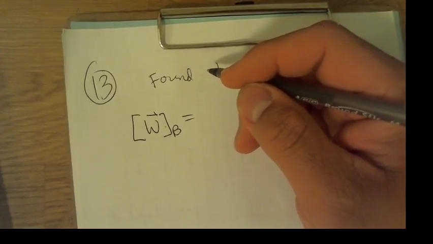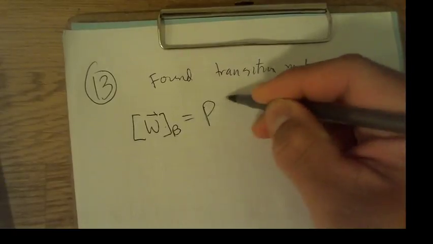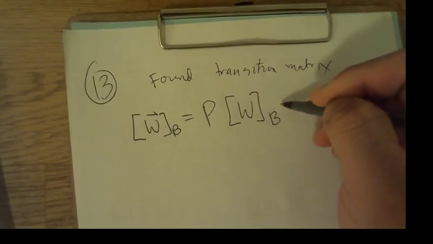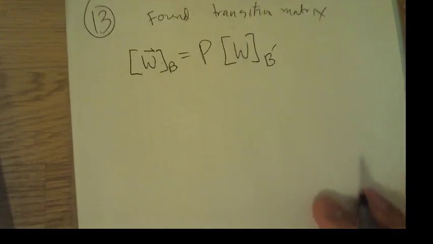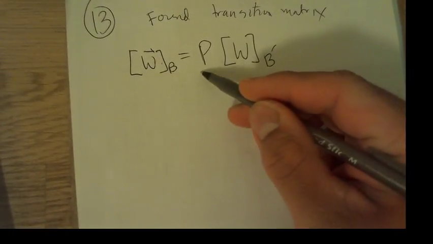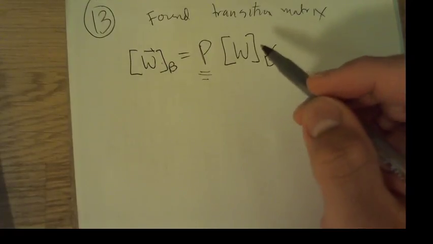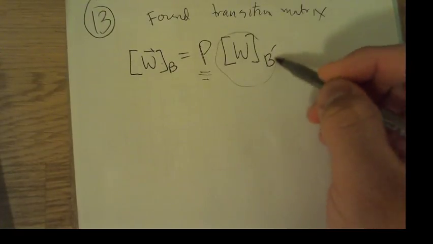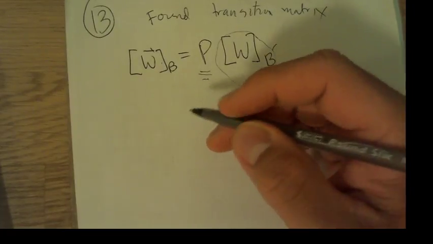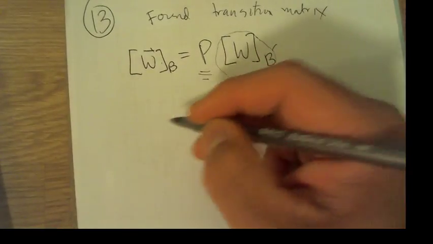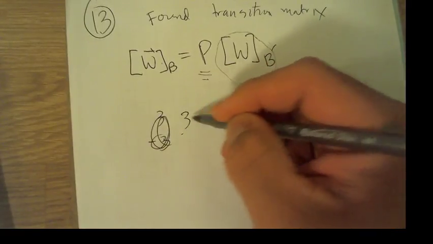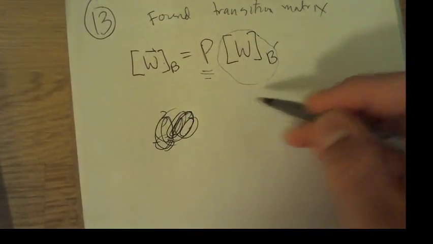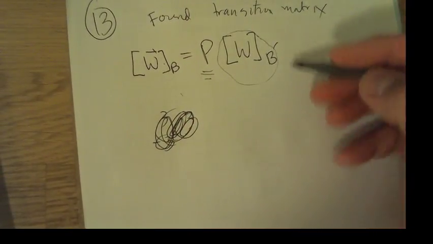Okay, so if you want to find this thing right here, W_B prime, then you take, in this case, 3, negative 5, or W.